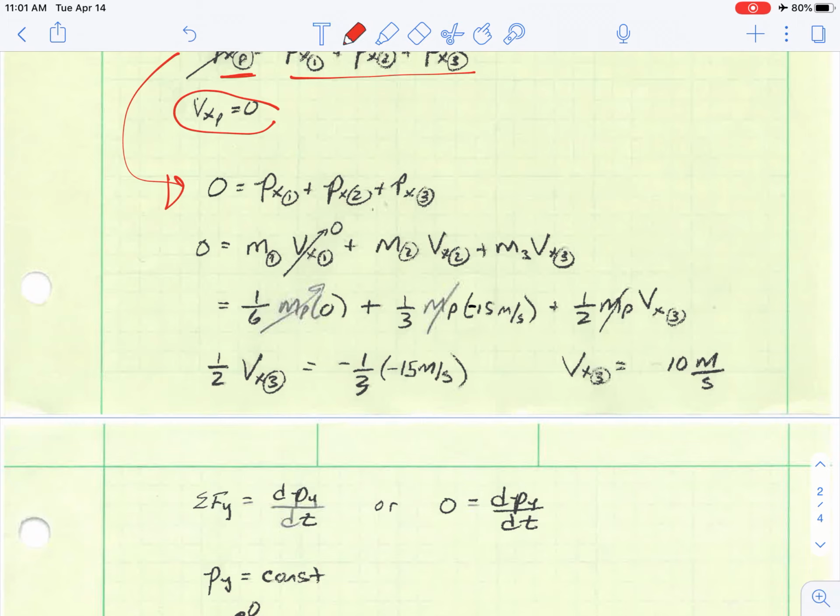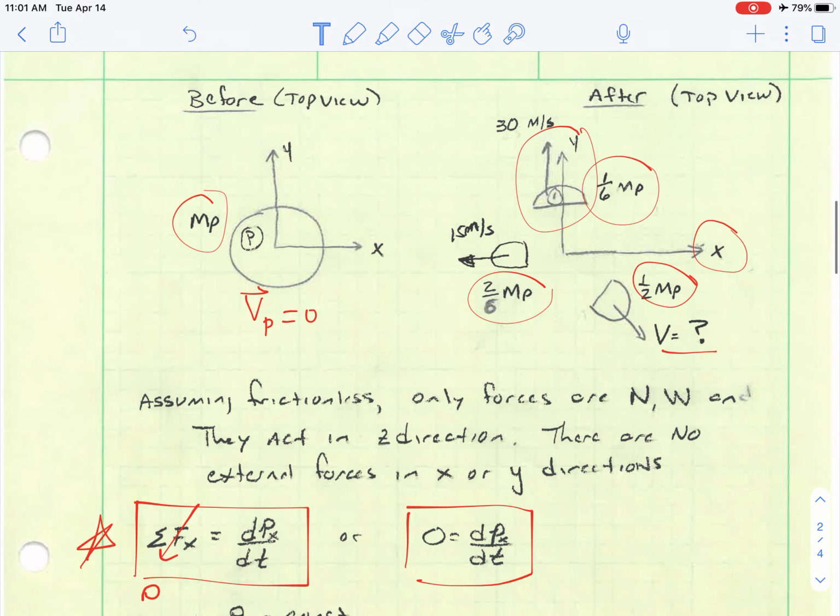And again, each term is m times v, but we need to be consistent. px1 becomes m1 vx1, and then same things, you need to write the px2 and px3 the same way. After that, you're thinking about how to simplify this again, if there are any 0 terms, and there is one here, because the first piece has only y-axis, right?